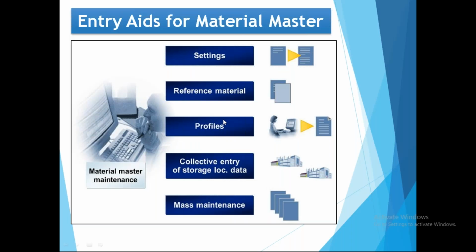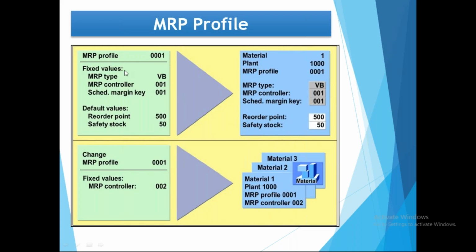Profiles means, let's say in your material master, some of the MRP views have the same data. Material requirement planning views have the same data. So instead of entering the data in those views while creating the material master, you can create a profile with those fields and those values.